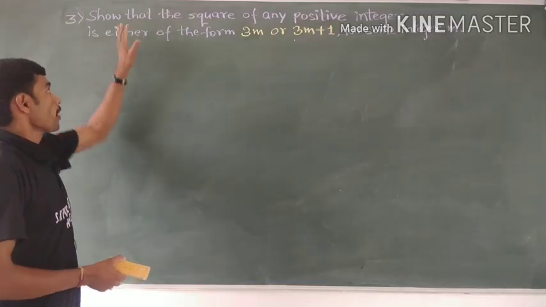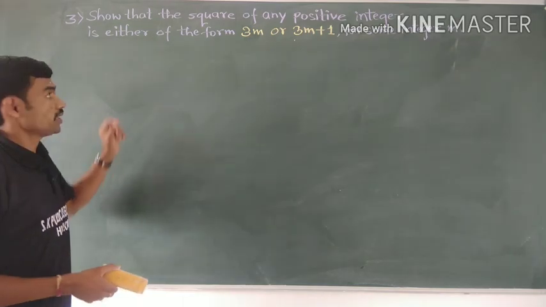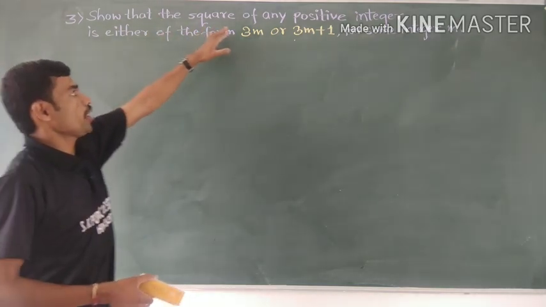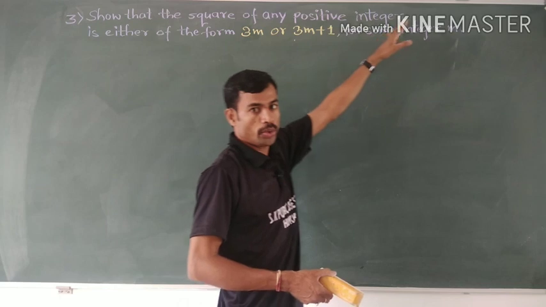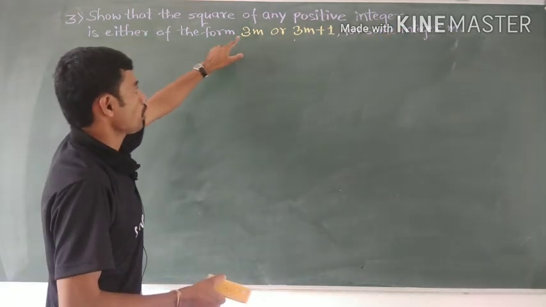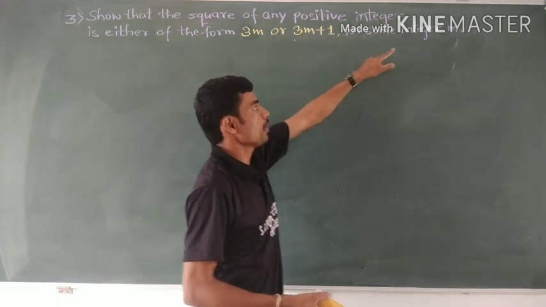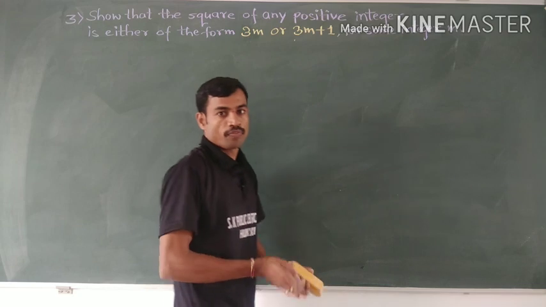Now let us study one more example based on pattern. That is, the square of any positive integer is either of the form 3m or 3m plus 1 for some integer m. Okay.